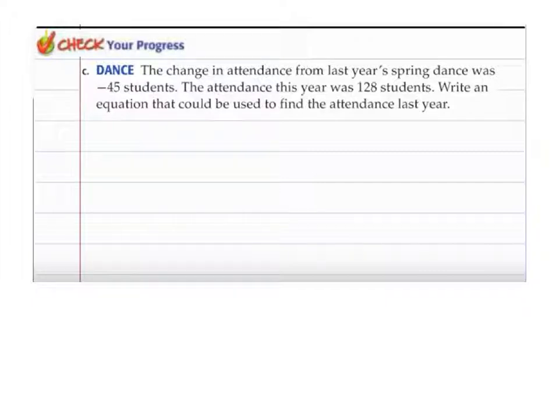The change in attendance from last year's spring dance was negative 45 students. So last year's dance had 45 more students than this year's. The attendance this year was 128 students. Write an equation that could be used to find the attendance last year.